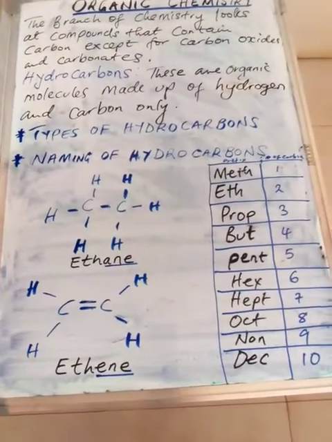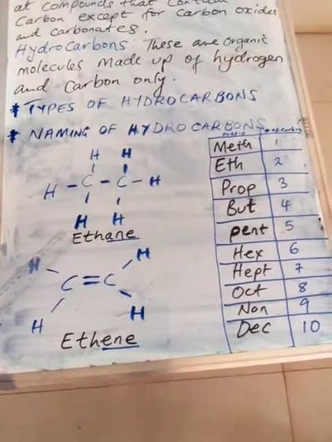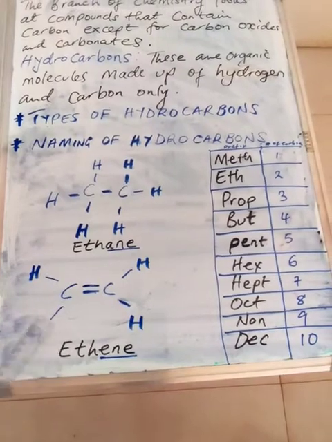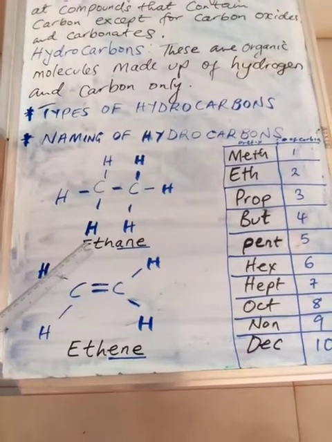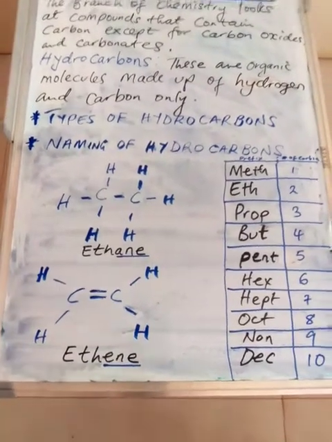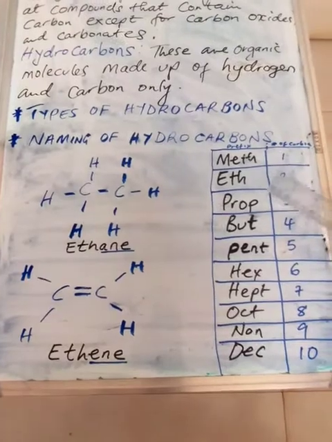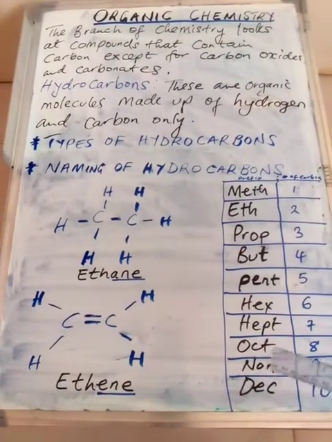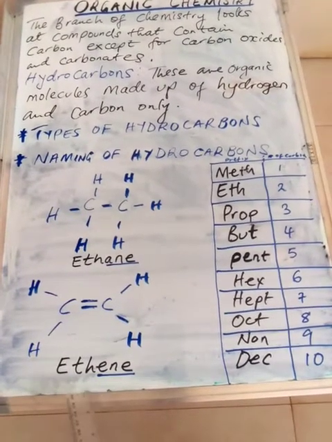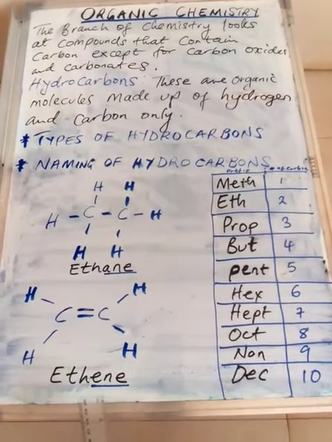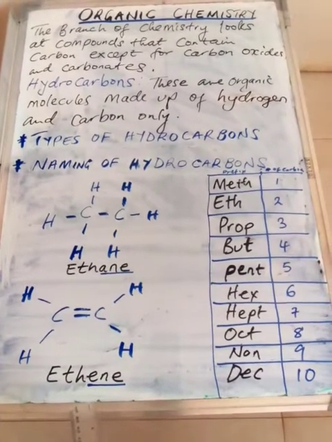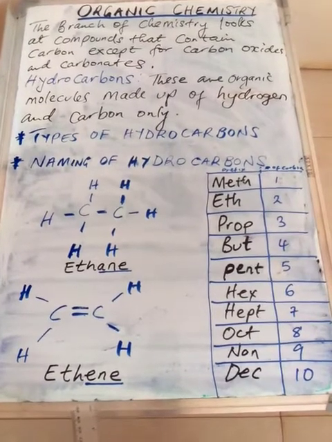So if we look at these structures that I've drawn, you are able to observe that I have written ethane there, and then I have ethene this side. This first part is what we are calling the prefix. Depending on this same table, it will apply to all these other groups of organic compounds that you're going to encounter. At the end of that prefix is where you include the family name of the homologous series to which a particular hydrocarbon belongs.